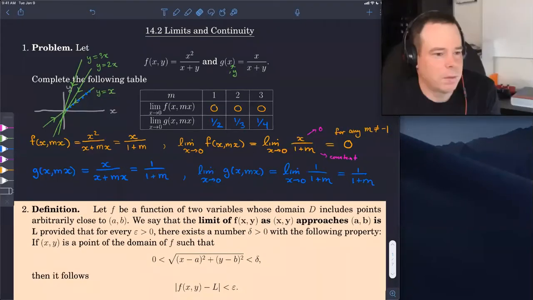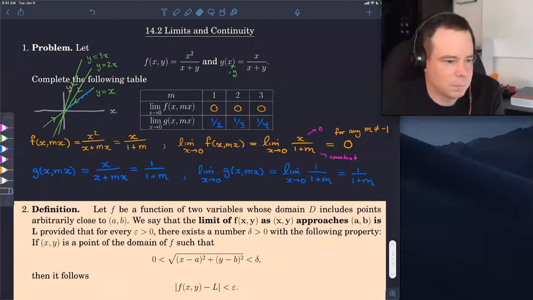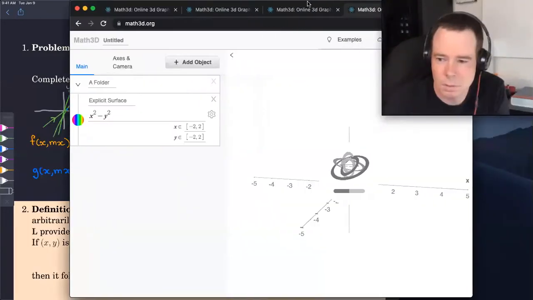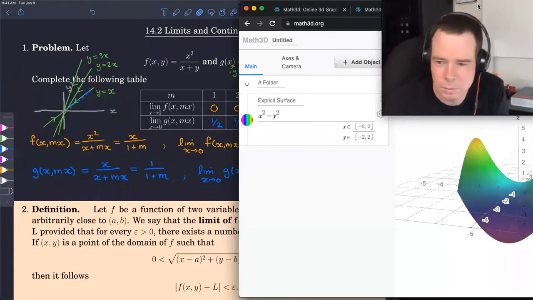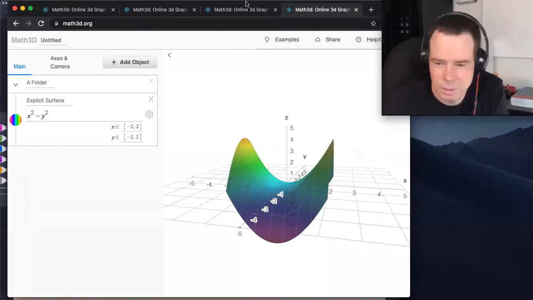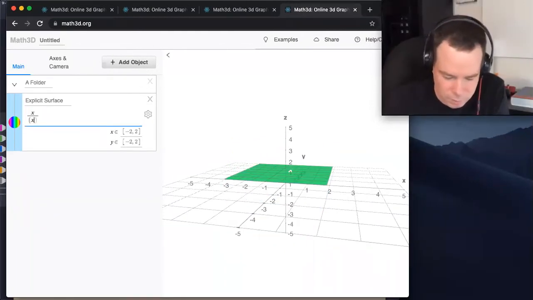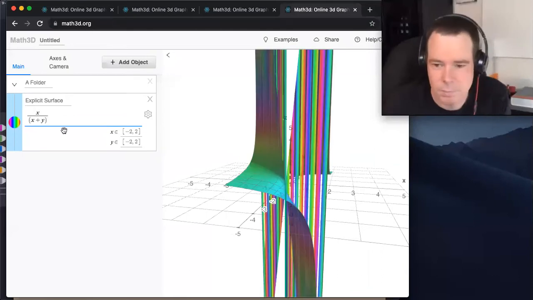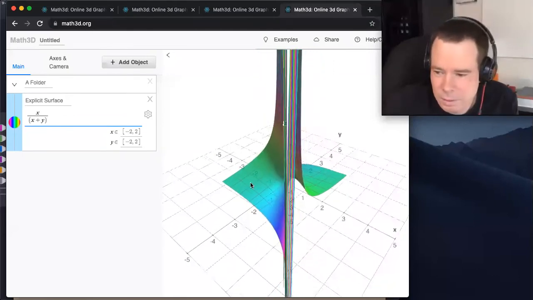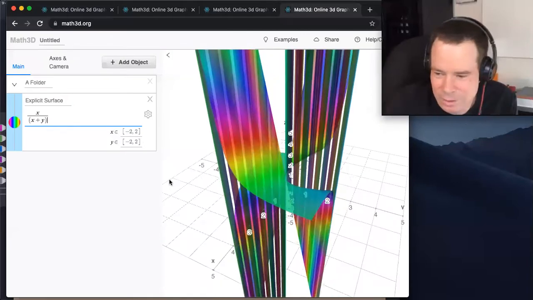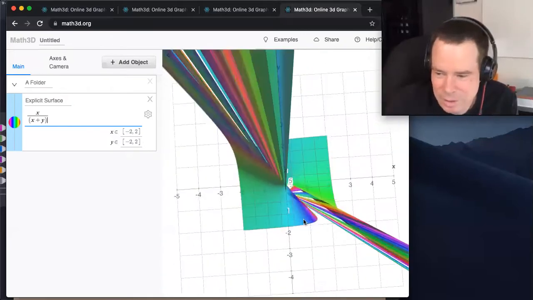You know, it might be worth just plotting this. Let's bring up our plotting utility. So this is going to be x over x plus y. There it is. And you can see it's having some real issues along... what is that?